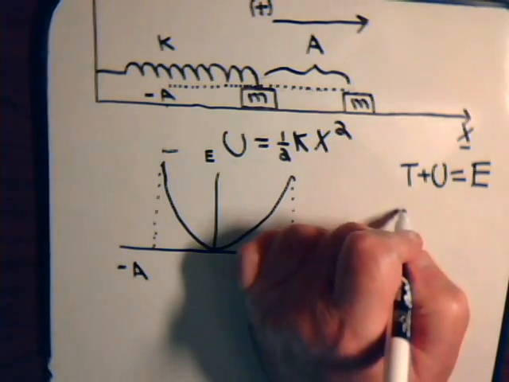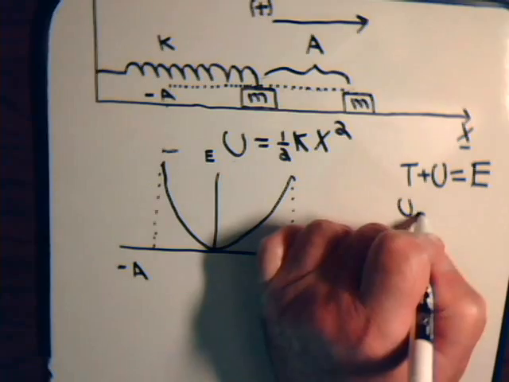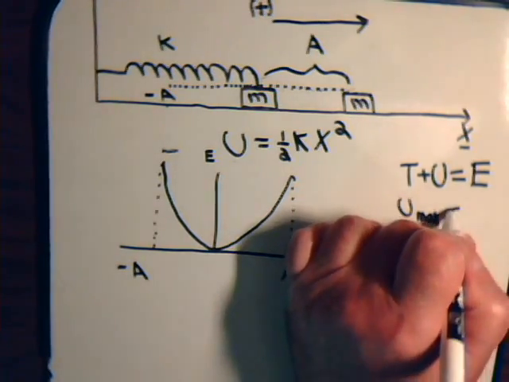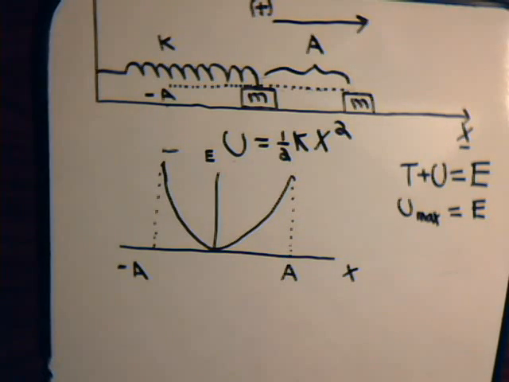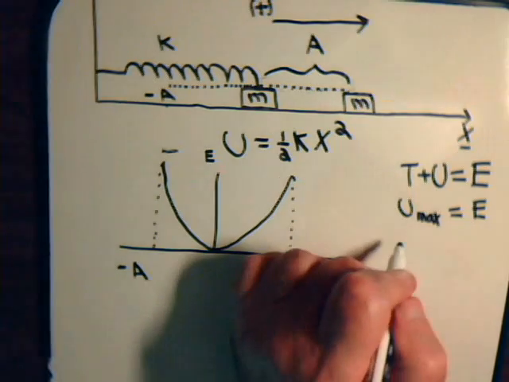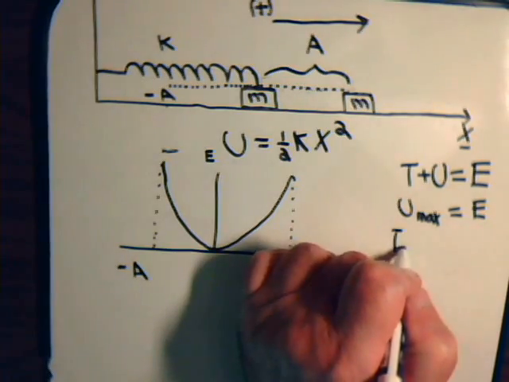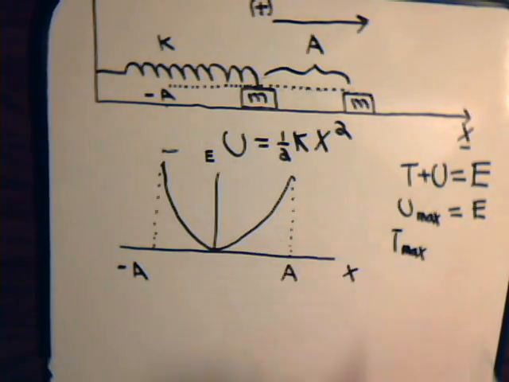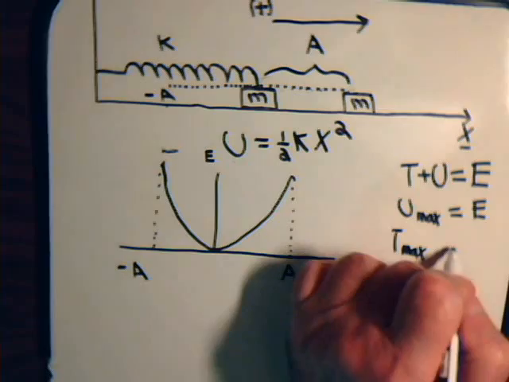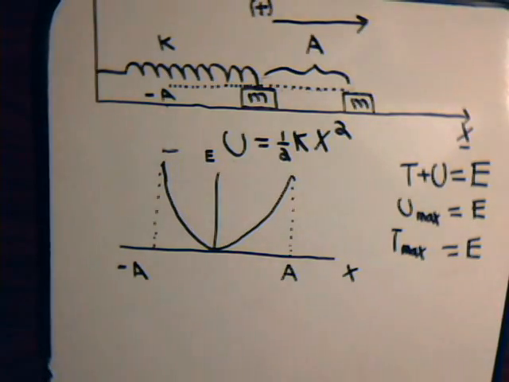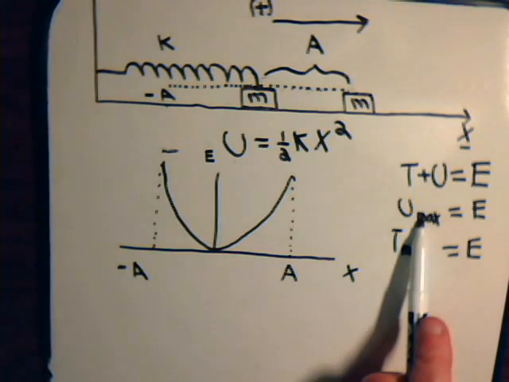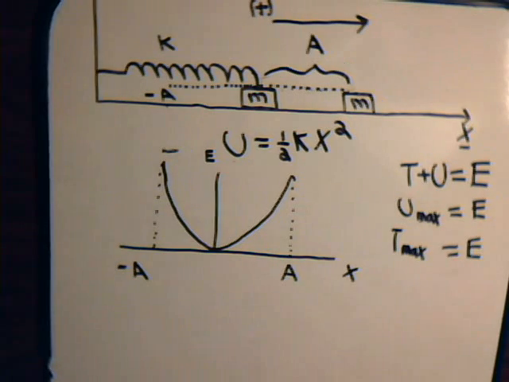So we have that U maximum equals E. And likewise, we'll find out in just a few moments that the maximum kinetic energy occurs when the potential energy is 0, and that equals E. So the maximum potential energy is going to be equal to the maximum kinetic energy.